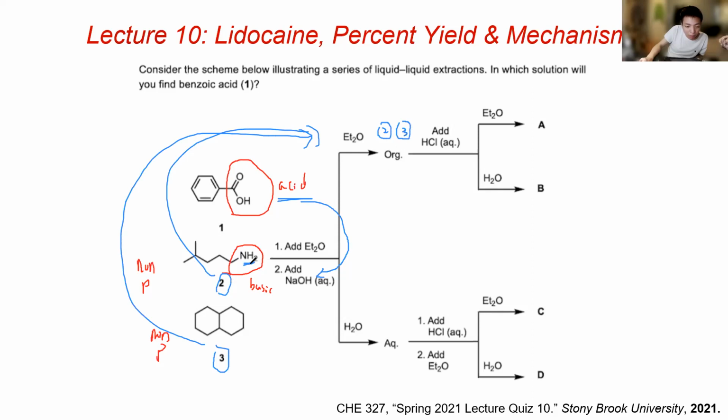And our 2, we have a base, and we are reacting with an acid. That means that we will have our 2 down here. And 3 is nonpolar, it's not reacting with our base or acid, so that's why it's on the top.